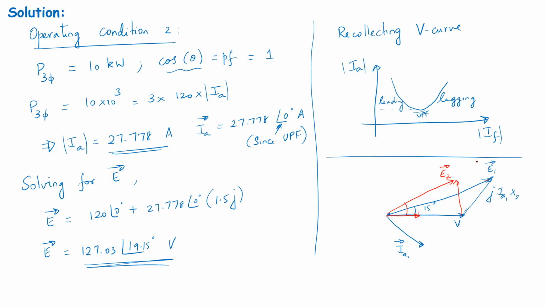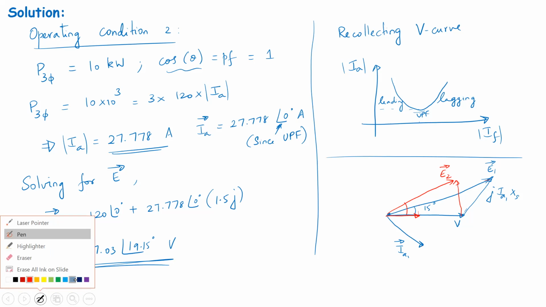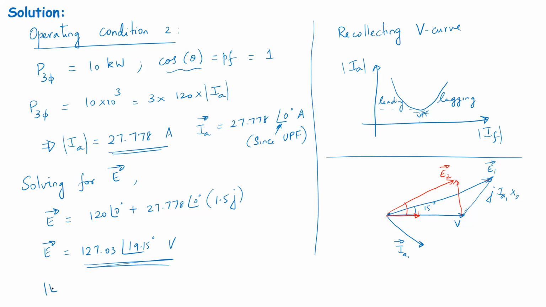I expect something like this, where you clearly convey to me that you have understood what you are doing. Okay? Solving for E, you get E magnitude as 127 volts and the angle is this. So let me change my color back to blue. And so now I'm going to call this E2 magnitude, which is 127.03 volts.